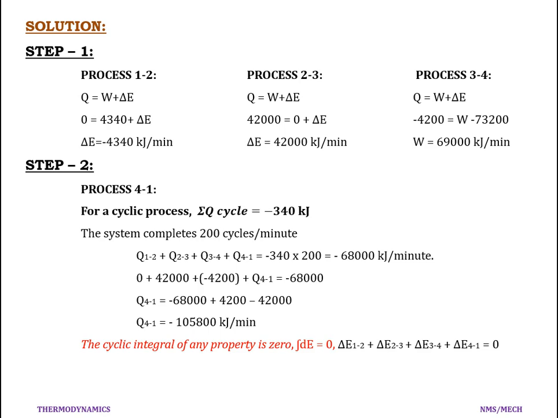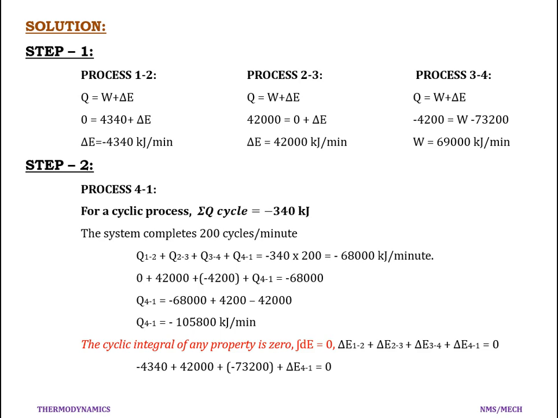Okay, delta E for the first process, delta E for the second process, delta E for the third process, and delta E for the fourth process. By adding these four processes' internal energy values, this is equal to 0. By using this relation, we can calculate the value of delta E for the process 4 to 1.